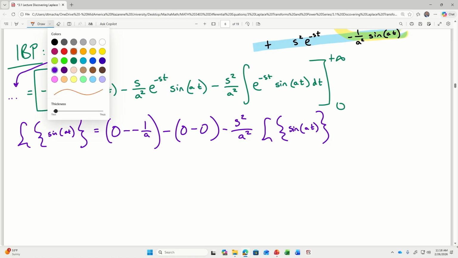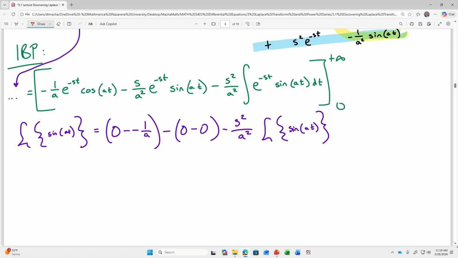So how do you rearrange this? I'm just going to call this L because I'm lazy and I like shorthand. I would add this to both sides, so I'd have L plus s squared over a squared times L equals, 2 negatives make a positive, so that's positive 1 over a. And then factoring out L, this is 1 plus s squared over a squared.